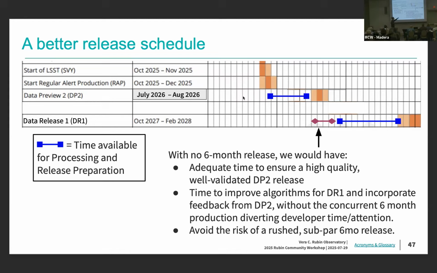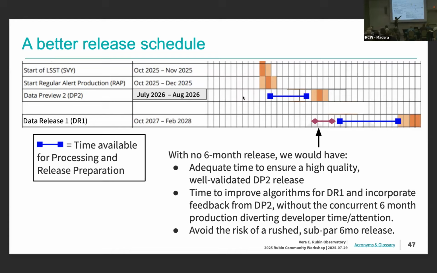This gives us breathing room in between Data Preview 2 and the start of the first full data release to really get all the algorithms that we want to be ready for that data release tuned up and adjusted. It gives us time to focus on making that high quality release without developer resources and attention being diverted into another simultaneous processing.